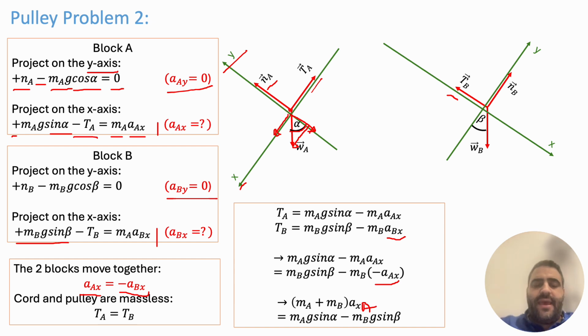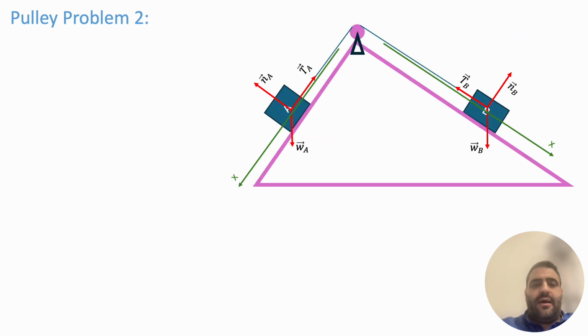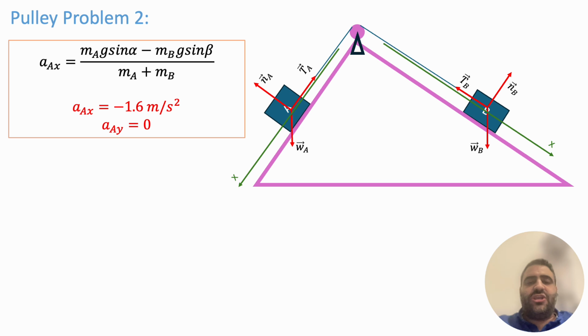I take MA and MB common, and on the other side I have MA G sine alpha minus MB G sine beta. I divide both sides by MA plus MB, and I got the acceleration of A on the x-axis is equal to MAG sine alpha minus MBG sine beta over MA plus MB.